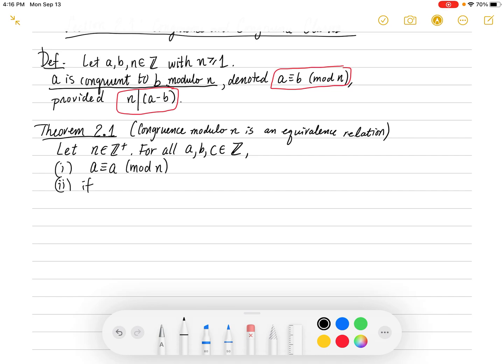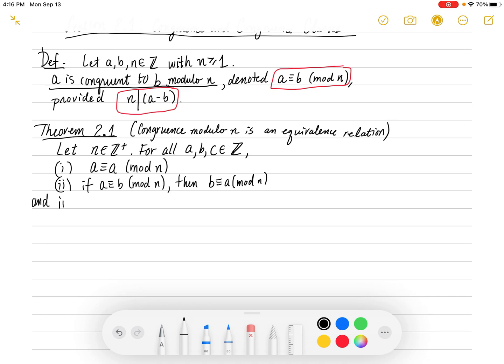Number two, if a is congruent to b mod n, then b is congruent to a mod n. Or you might say, if a relates to b, then b relates to a.